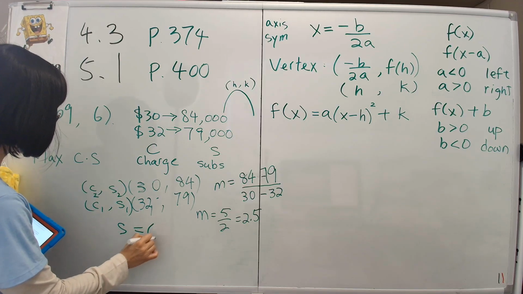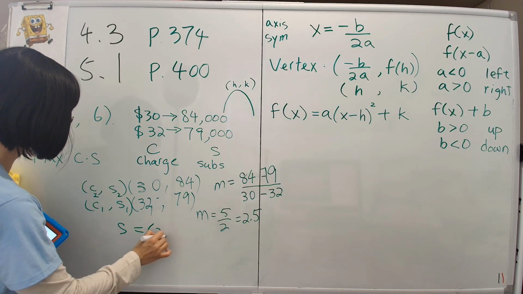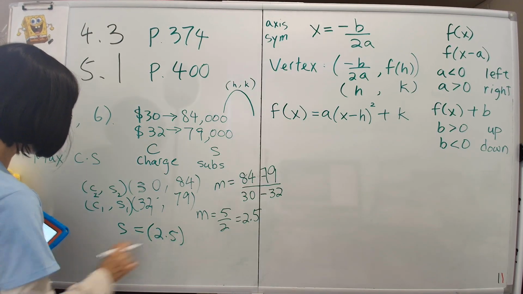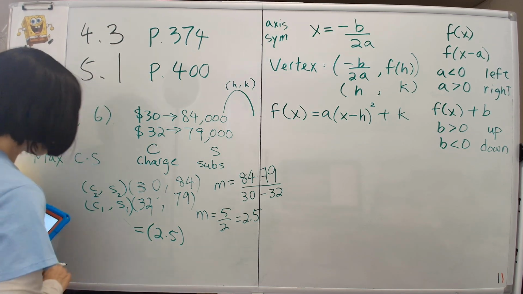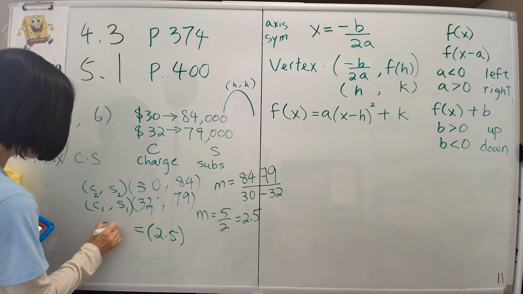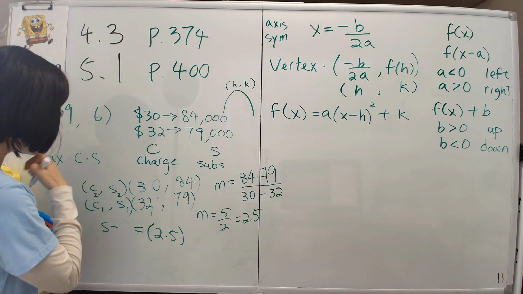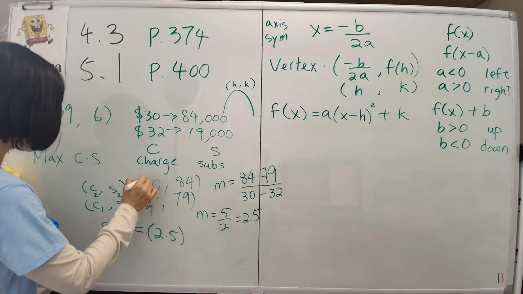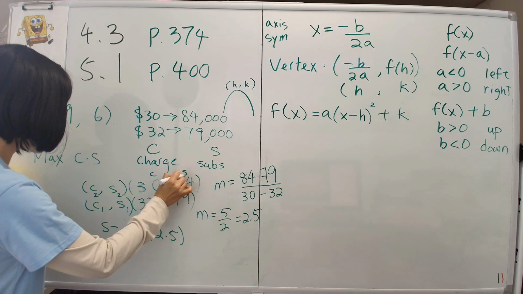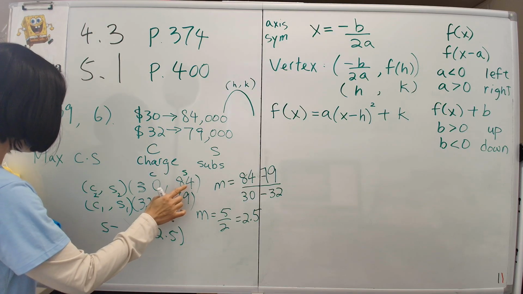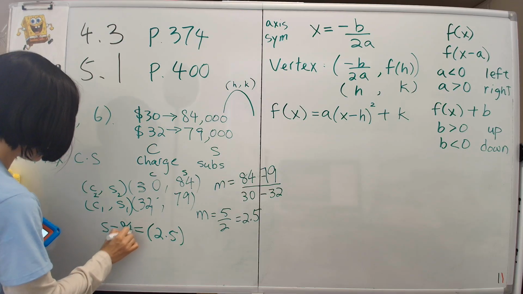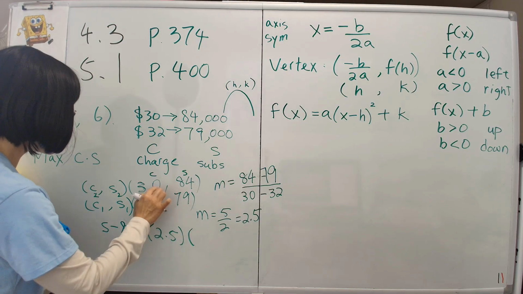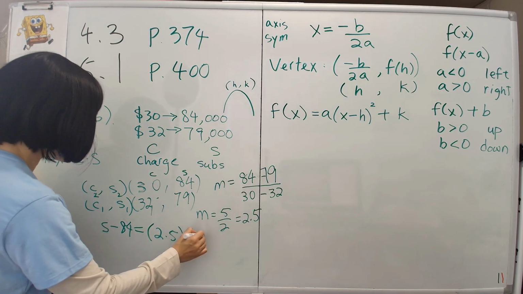S minus S1, and S is this one, this is C and this is S. Let's pick whichever one of them, S minus 84 equals 2.5 times C minus 30.